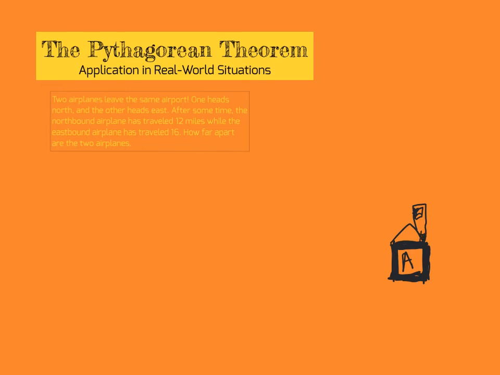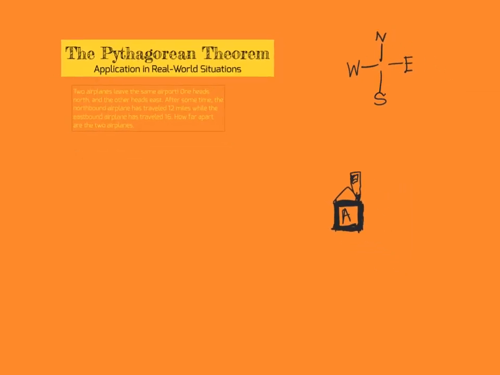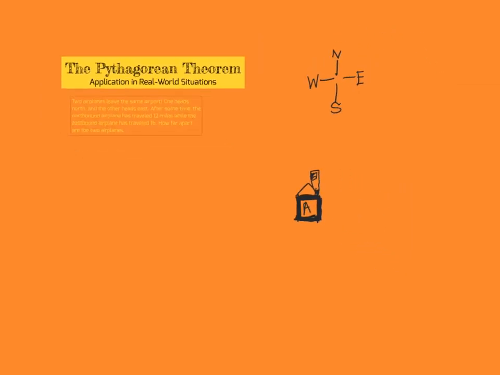There we go. Airport. Now, if you're not good at directions, I'll draw a little compass looking thing here. This is north. This is east, south, and west. Now that we have that information, we're good to go. All right. So here's our airport. We have one plane. That plane will be blue. It went north.